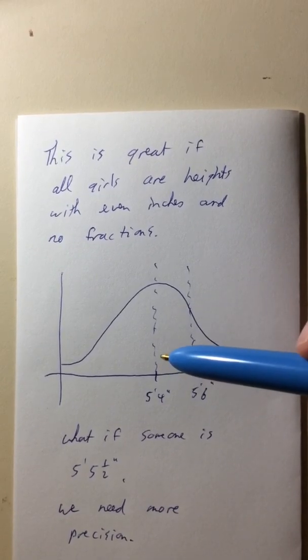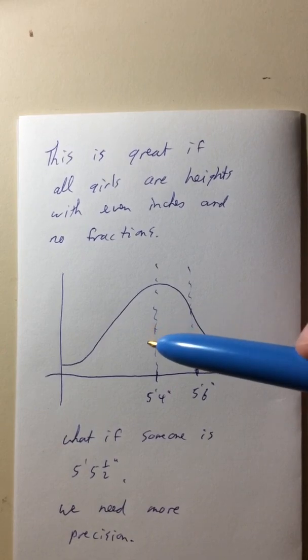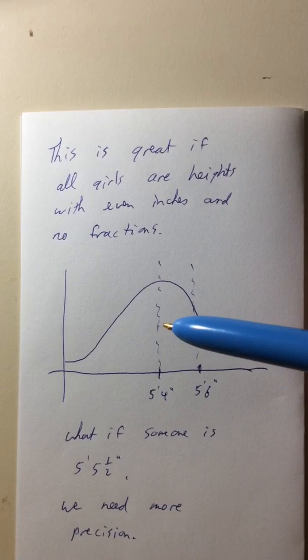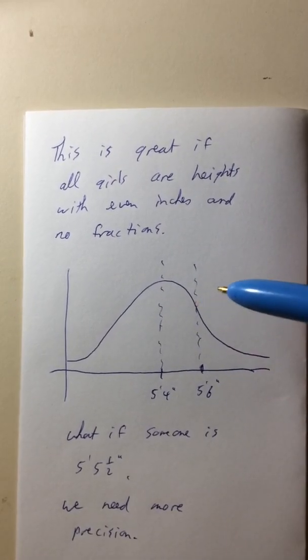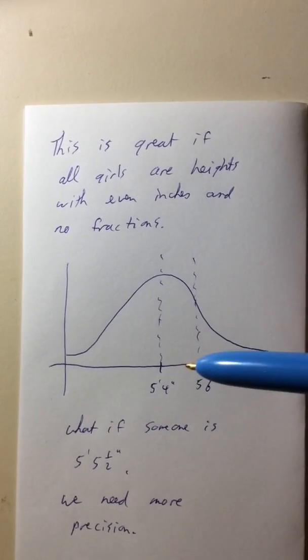Again, when we're talking about girls here, we're talking about 5'4", 5'6", 5'8", 5'2", 5'0", an even number of inches. What happens if we have a girl who is not one of those even number of inches? There's got to be some way to figure things out for her, and there is.